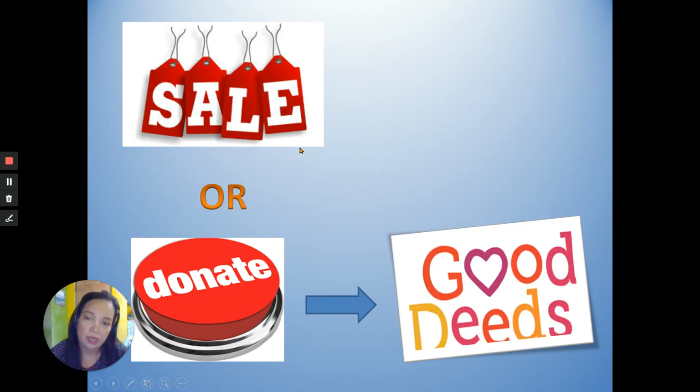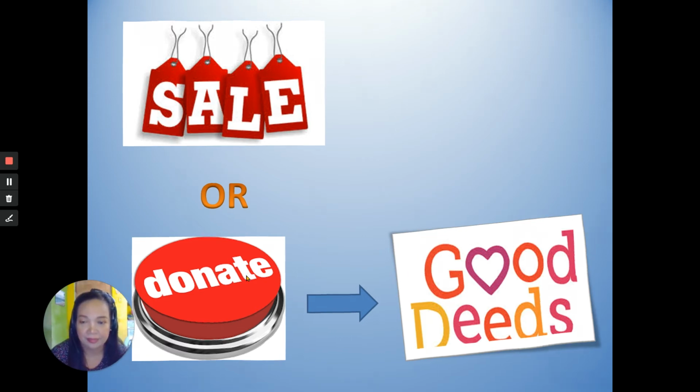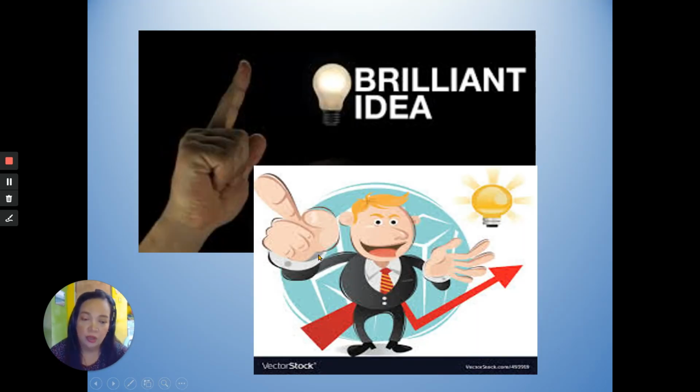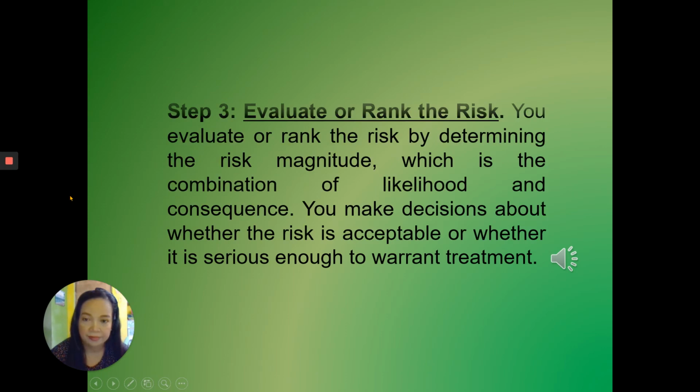Others put their product on discount or on sale, and some prefer to donate it to charity or to the frontliners or to other people in need. In that way, they earn good deeds and goodwill. And that is all a brilliant idea. Okay, next.